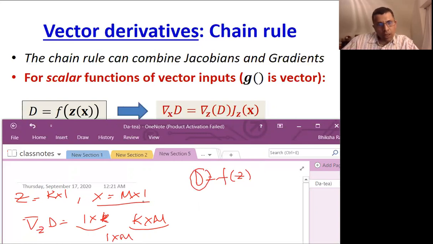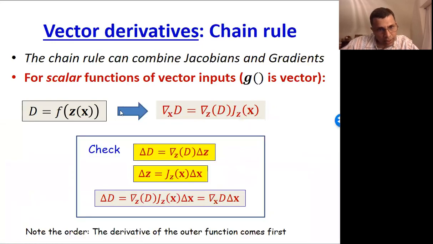Now the equations themselves say that the derivative of d with respect to x is going to be the derivative of d with respect to z times the derivative of z with respect to x, which is the Jacobian. Again, the order is important. As you go into the function, the innermost derivative always right multiplies. And we've just seen that this relationship gives you the correct size for the derivative of d. And also you can once again see mathematically that this relationship holds.